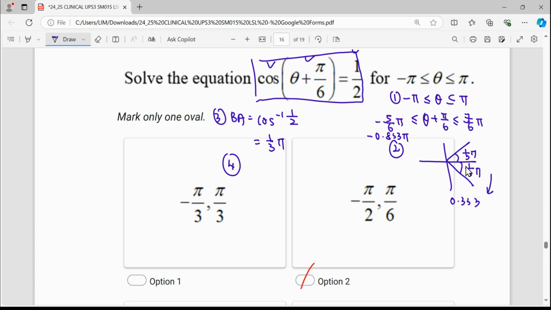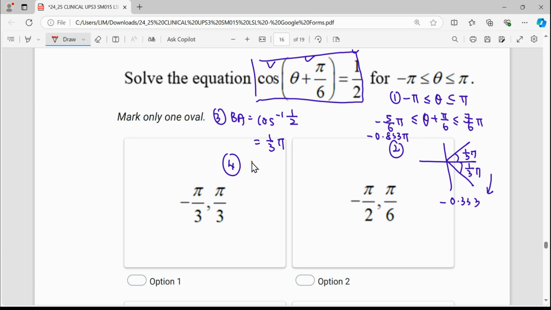So we can open it negatively. So we can see our range as negative 0.833, and then our basic angle can go down negative 0.3. So this negative angle is in the range.